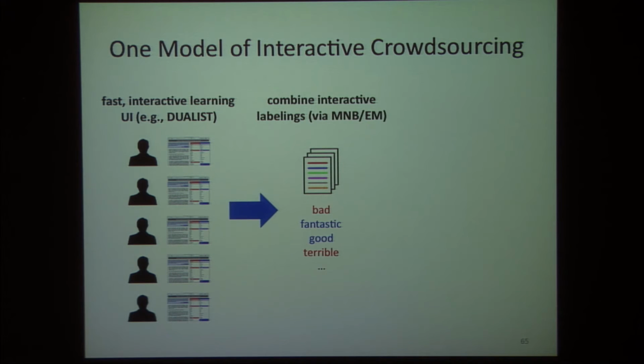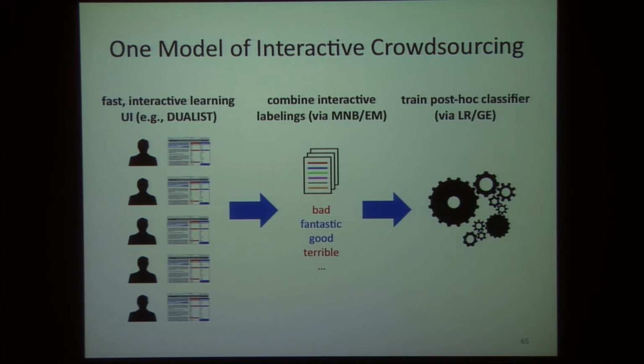And then we can combine all of the annotations that they provide to train a post hoc classifier using logistic regression, because we don't necessarily in this last step need the speed and interactivity of the fast naive Bayes approach. And we could even build on this further, having the posterior predictions of this more accurate classifier at the end of the pipeline be used as priors, for example, at the beginning of the pipeline. But for right now, we'll just talk about this feed-forward approach.